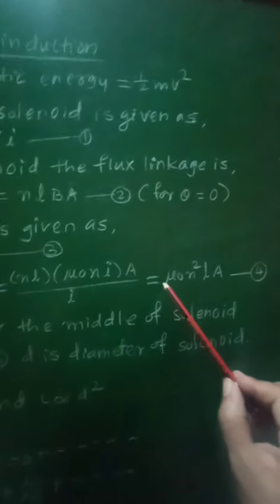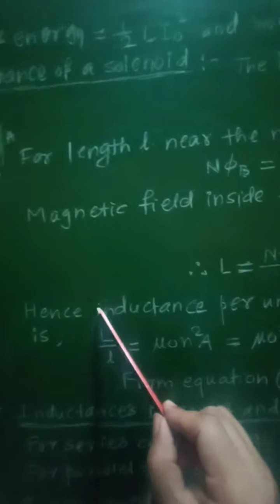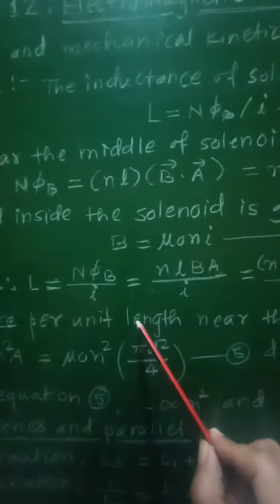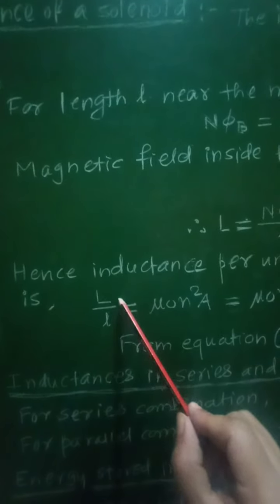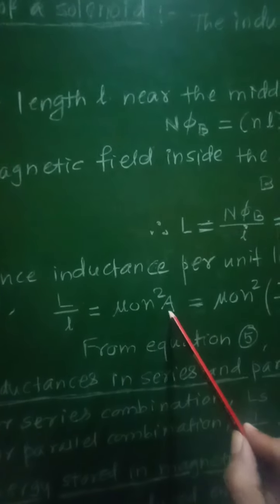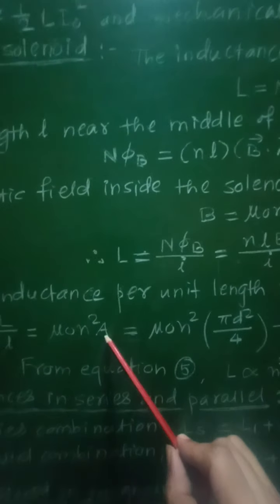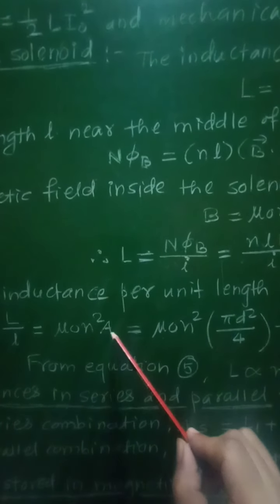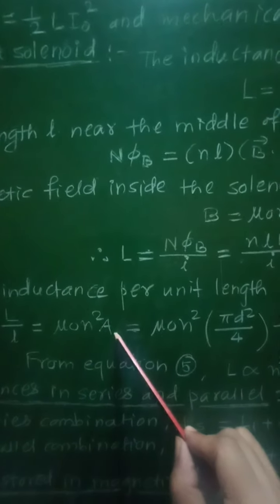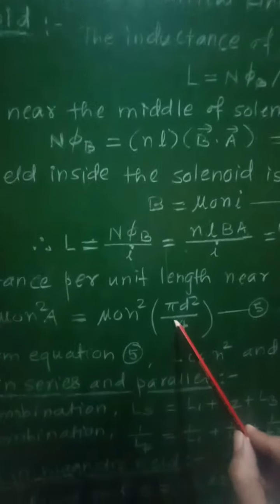Now from this, if we find capital L upon small l, the inductance per unit length near the middle of the solenoid is given as L by l, equal to mu 0 n square A. The area of cross section of that solenoid can be given in terms of the diameter of the solenoid as pi d square by 4, because the area of cross section A is circular in shape.